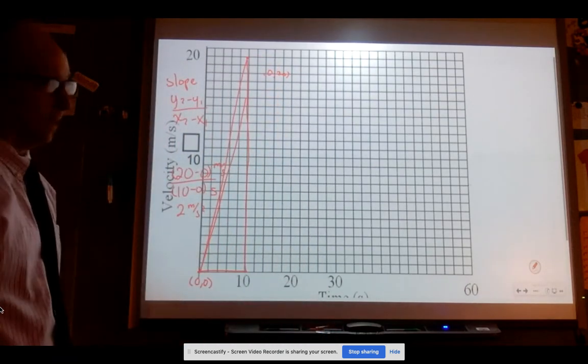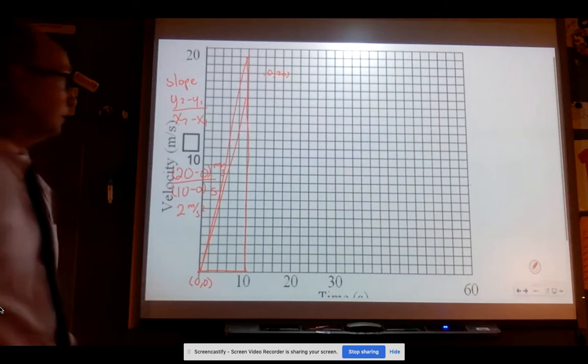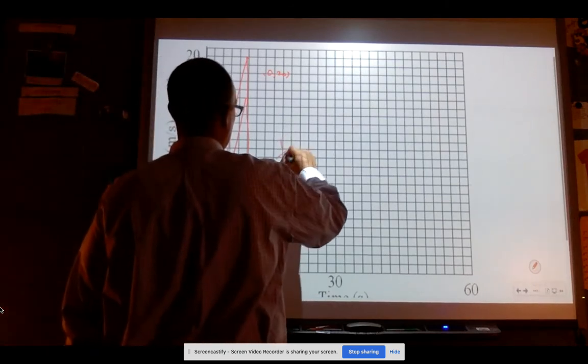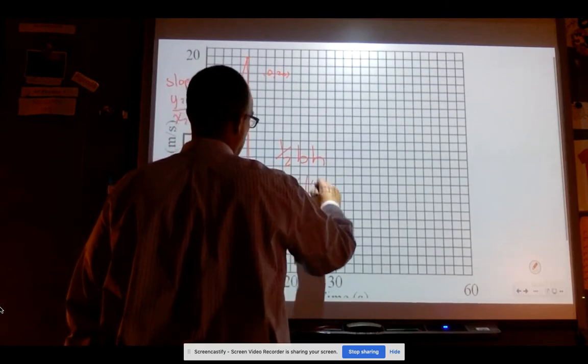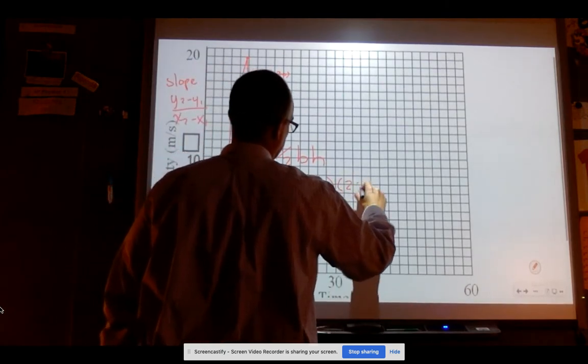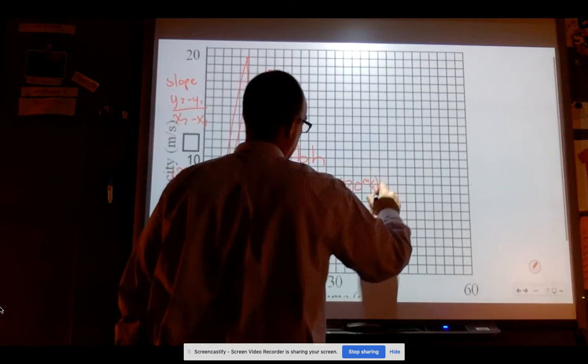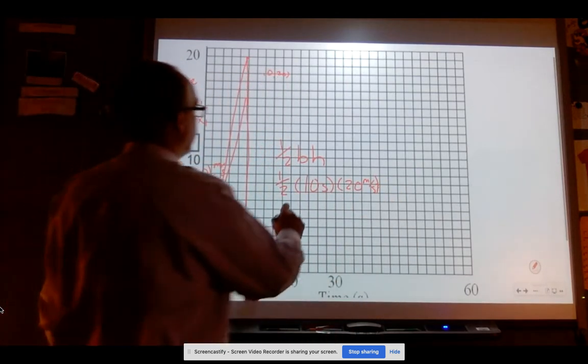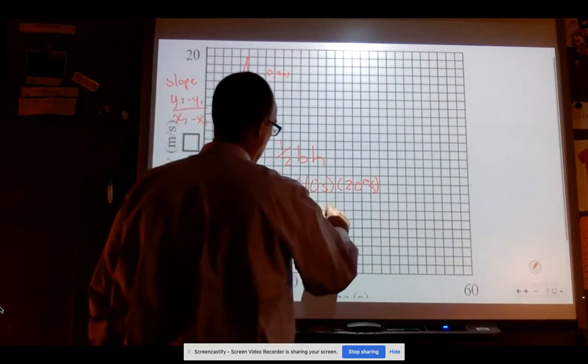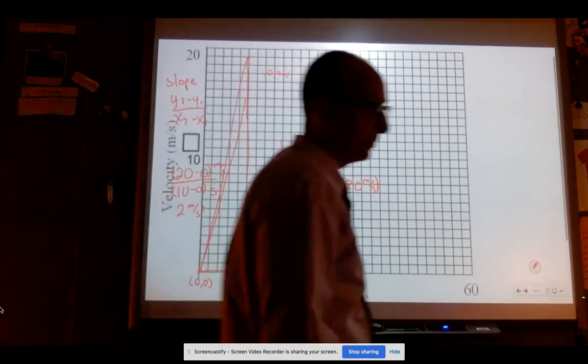This should be a shape that you would recognize as a triangle. The area of a triangle would be 1/2 base times height. So I'm going to have 1/2, 10 seconds, times 20 meters per second. So that means that in this segment, I traveled 100 meters.